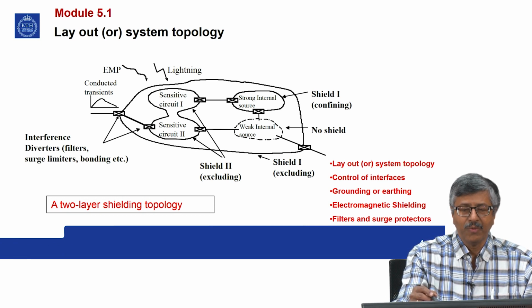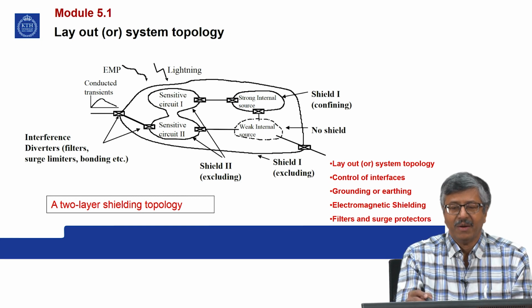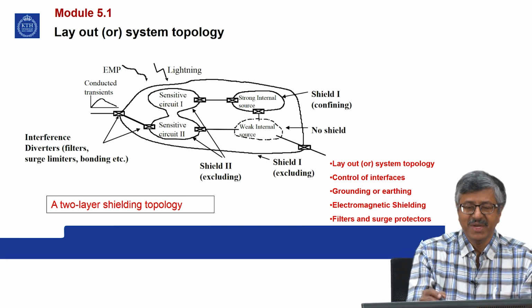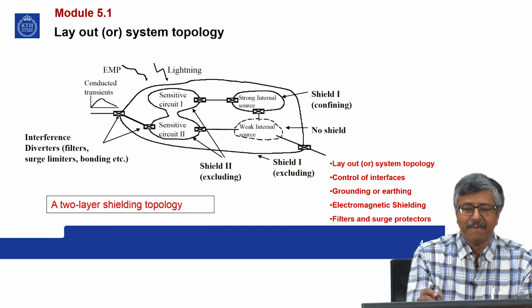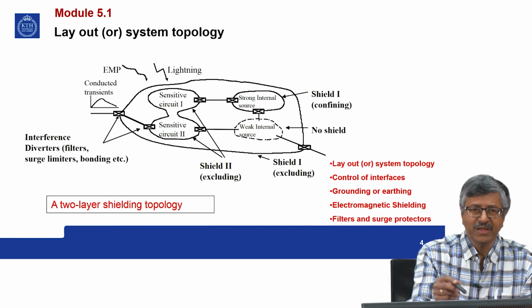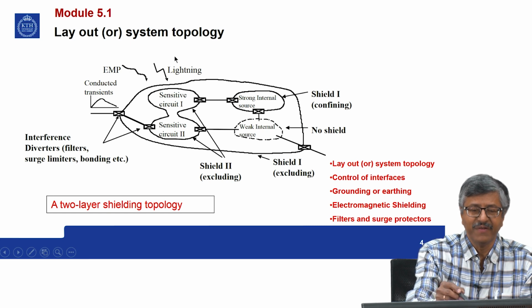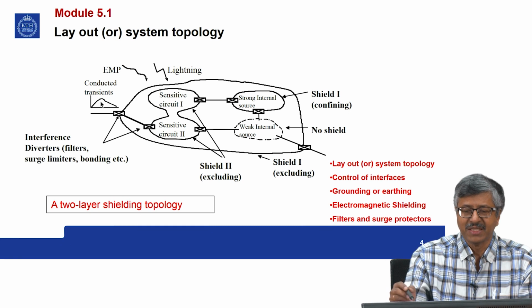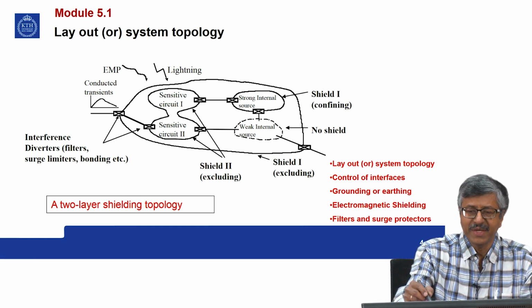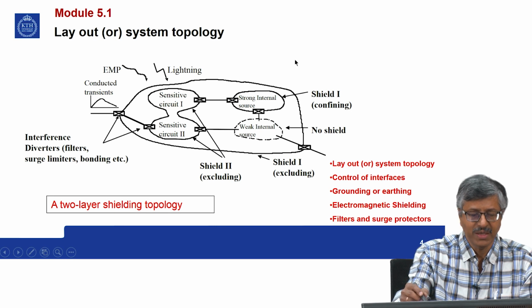Now, how do we use the system topological approach? What this means is that depending upon the strength of E field, B field and other currents, you divide your whole space into different areas. Say for example, outside of this, you can say that it is one zone.